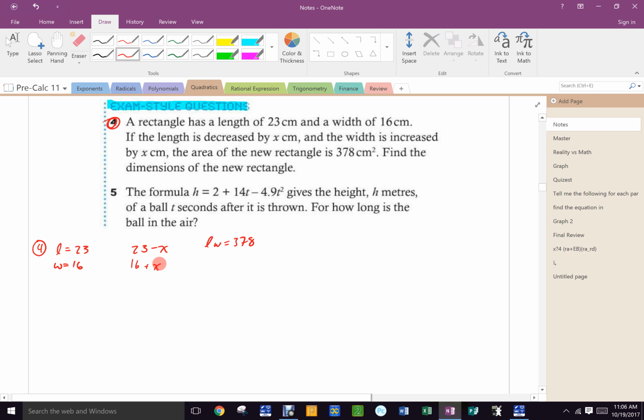So now, length 23 minus x, times width 16 plus x, equals 378.